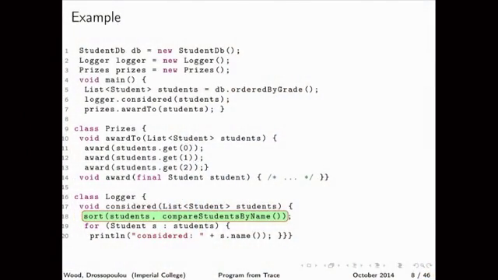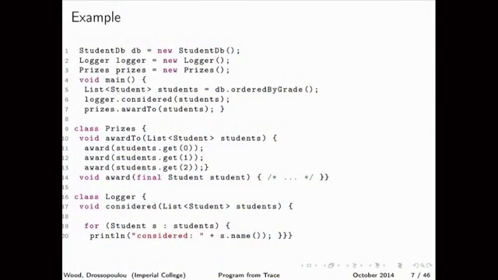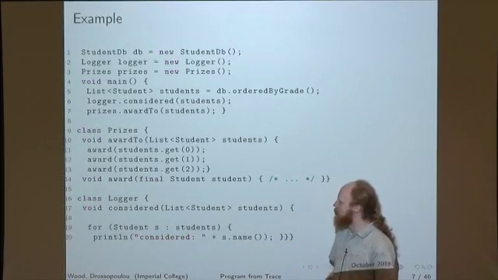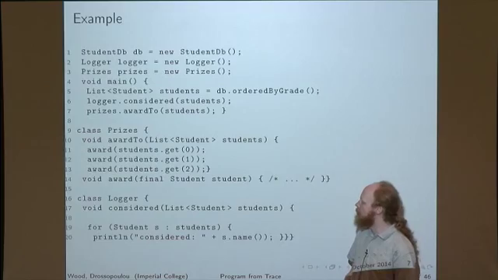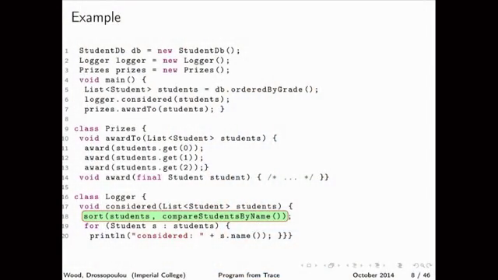One of the things that it does is it prints out the names of all of the students that it considered when deciding who to award the prize to. But it prints it out in whatever order the list happens to be, and a developer decides to come along and change it so that it prints the students in name order.